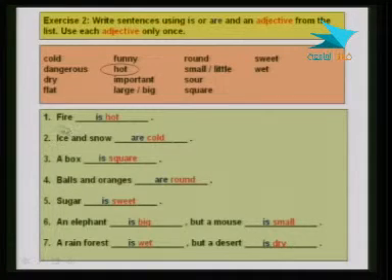And if you notice, we have singular nouns here also, just like what we have discussed in the previous lesson, the previous slide. Ice and snow, that's plural. A box is singular. Balls and oranges, plural. Sugar is singular. An elephant is singular. A rainforest is also singular.